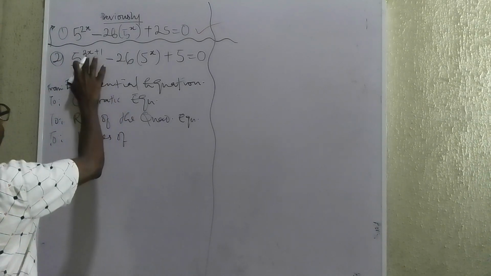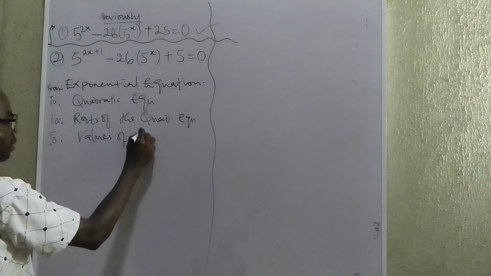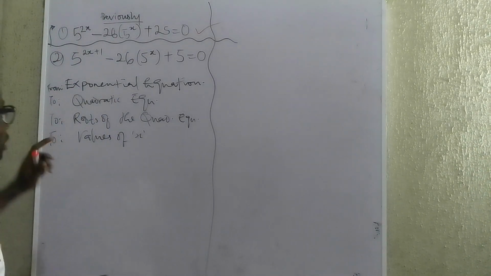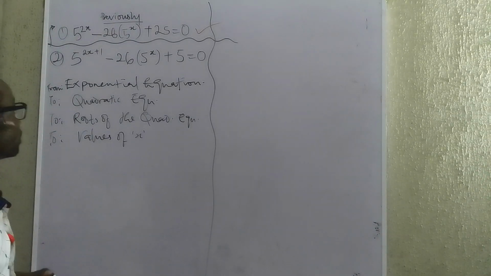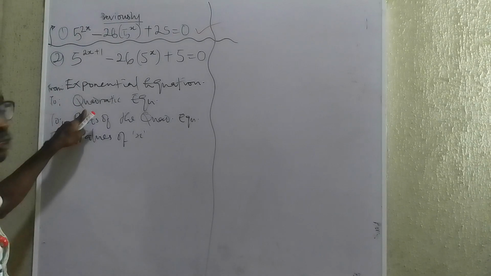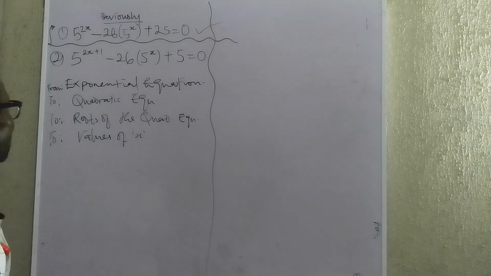What we have here is actually x, the values of x. So we'll take the first step. Now in this case, that means we're moving 4 steps. So let's see, the exponential equation, we're going to move it to a quadratic equation, and let's see how it happens.